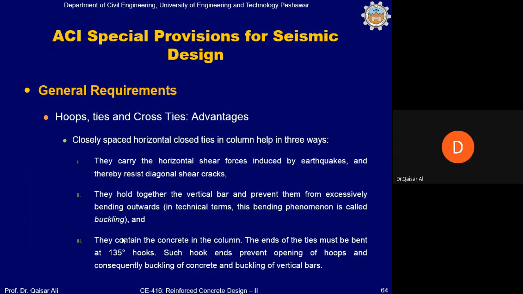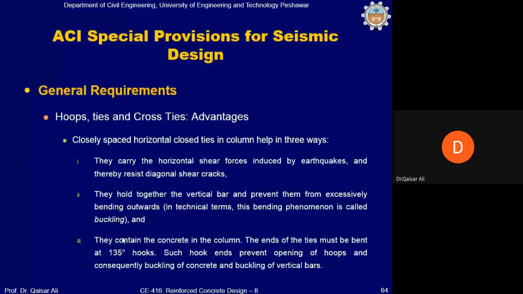Then there is a possibility that due to the axial gravity load, the steel bar buckles, which will further damage the column and can lead to the collapse of the column.